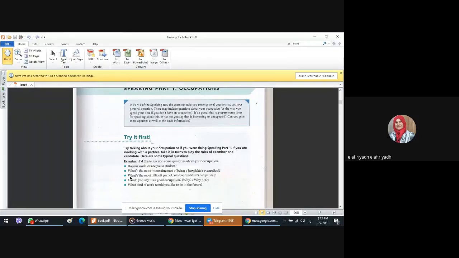The examiner should ask the candidate questions like: Do you work or are you a student? What's the most interesting part of being in your occupation? What's the most difficult part? Would you say it is a good occupation? Why or why not? What kind of work would you like to do in the future?